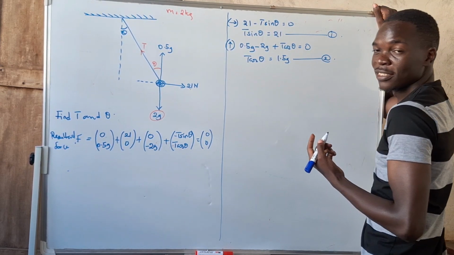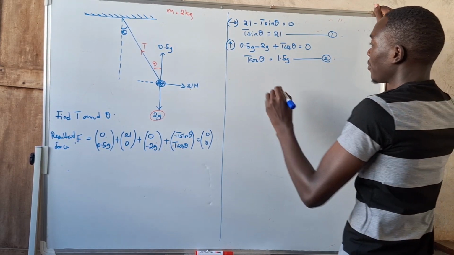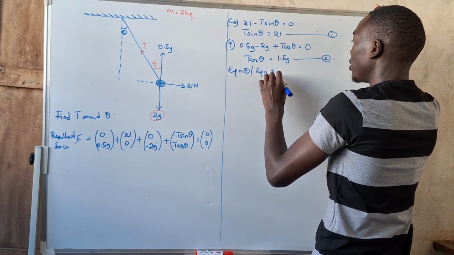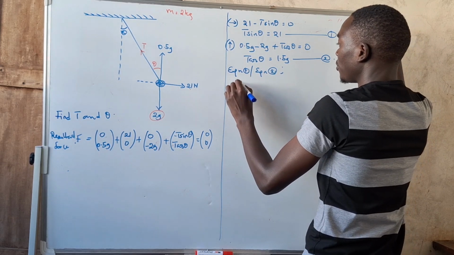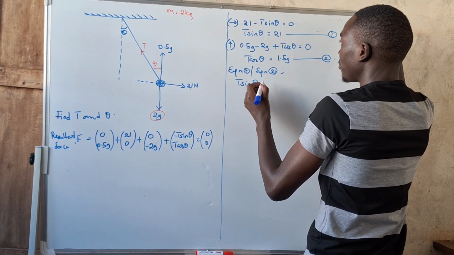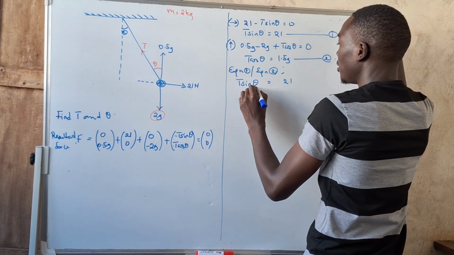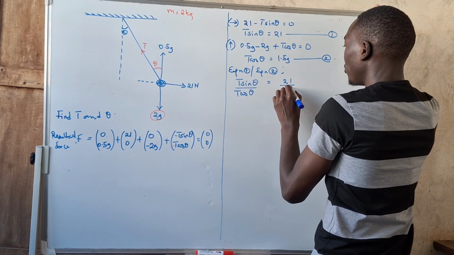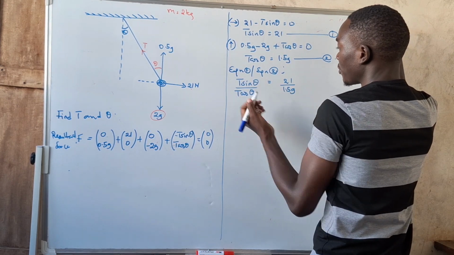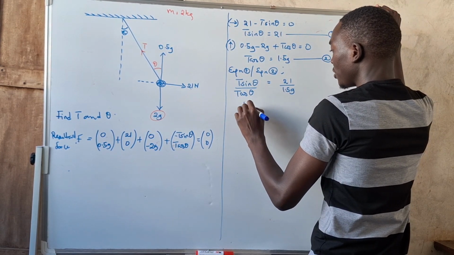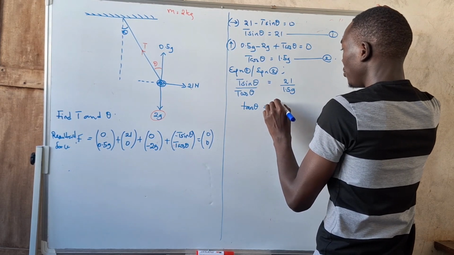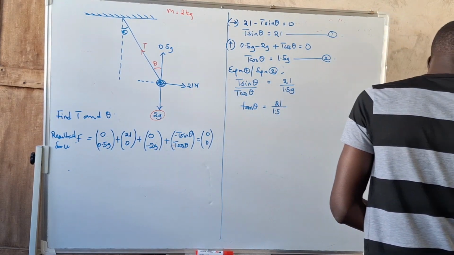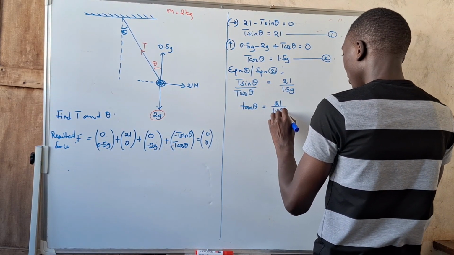So what are we going to do at this level? At this point, we can divide equation 1 by equation 2. So you have T sine theta is equal to 21, divided by T cos theta, and this side by 1.5 of G. You'll find that this becomes tan theta equal to 21 over 1.5 times G, and we are going to use G as 9.8.